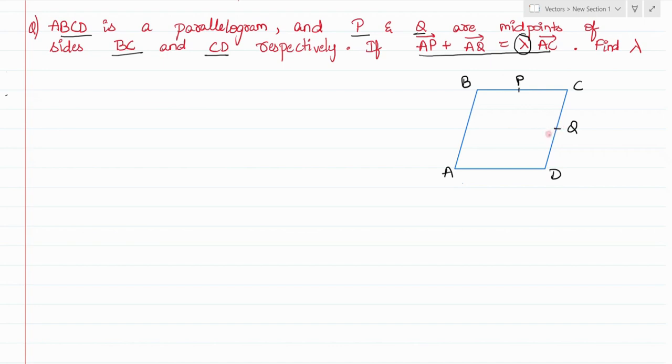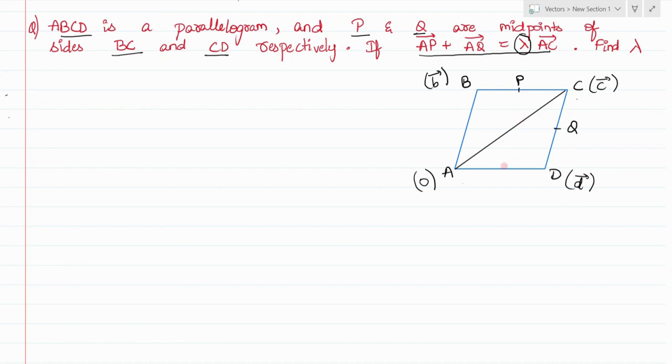So for easier calculation, or for a better approach, let's take A as the origin, this point B as vector b, C as vector c and D as small d.